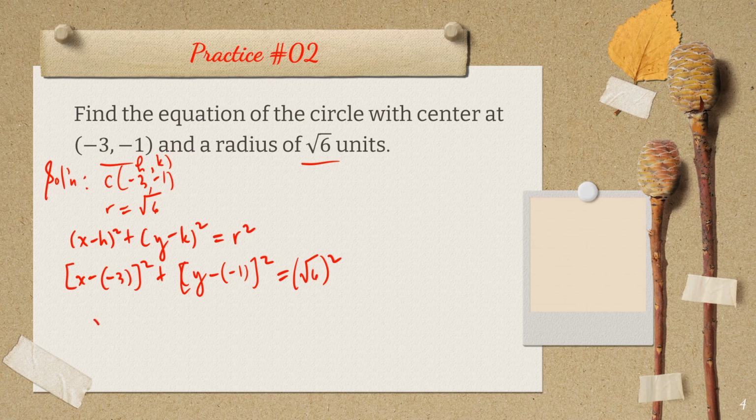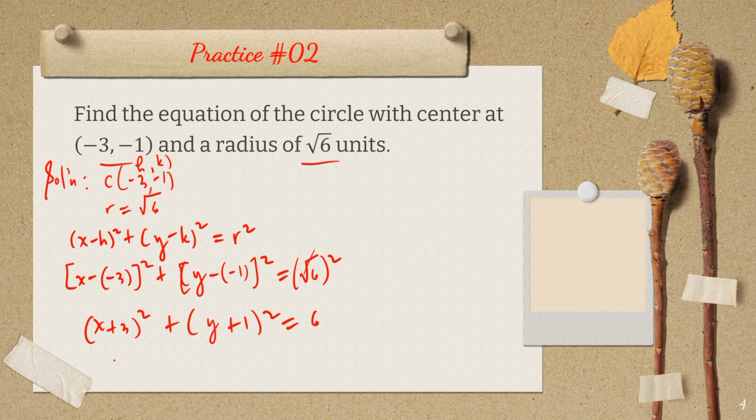Simplifying further, negative times negative is positive, so (x + 3)^2 + (y + 1)^2 equals, cancelling out the radical sign, 6.